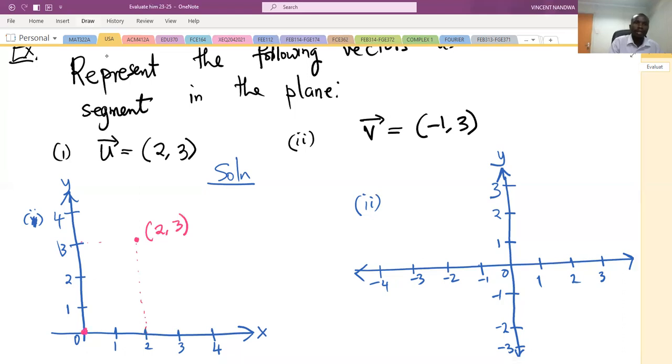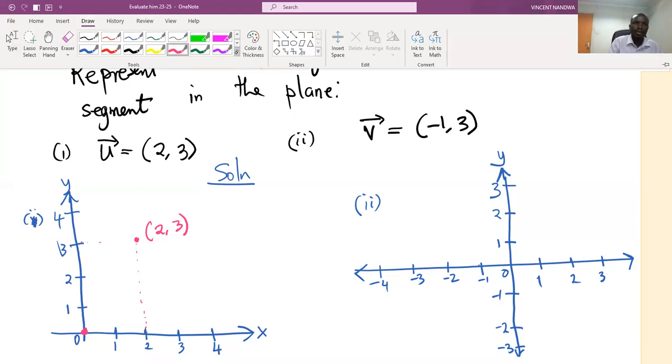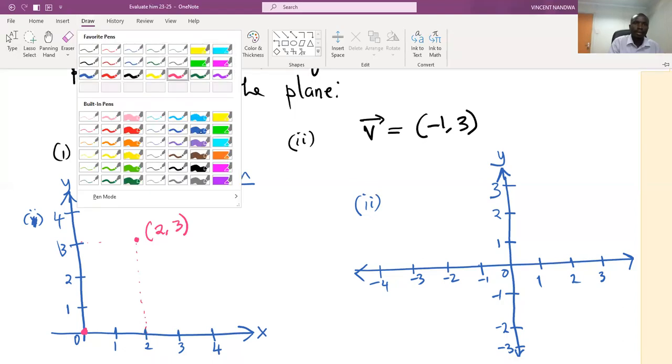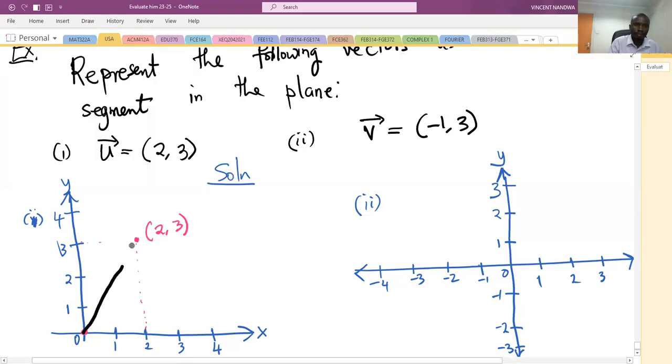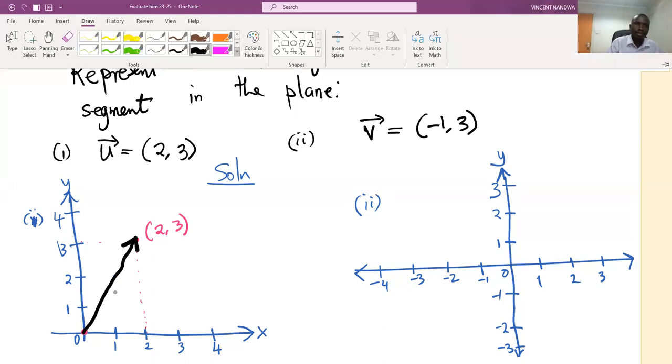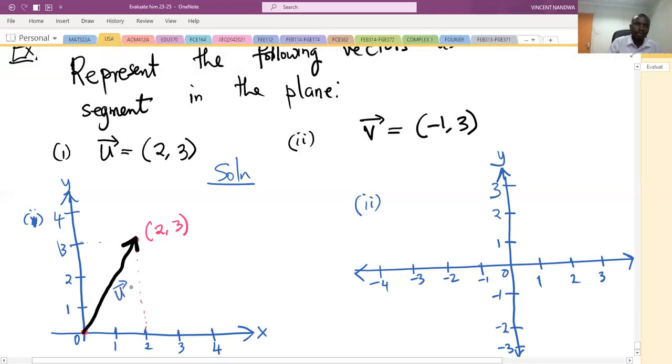Then we draw a directed line segment from the origin to that plotted point. Therefore, this is the vector u, 2, 3.